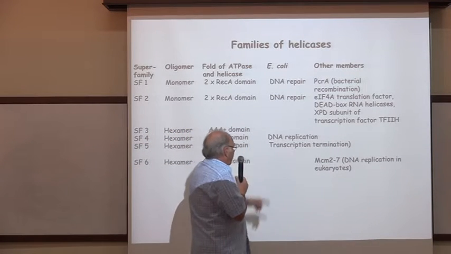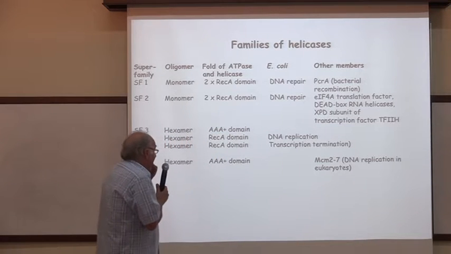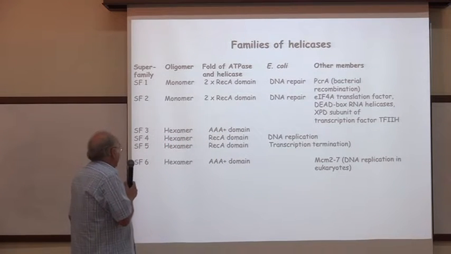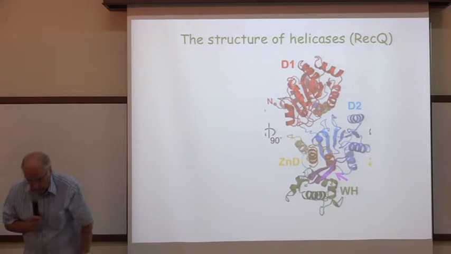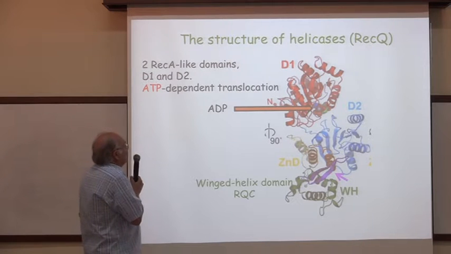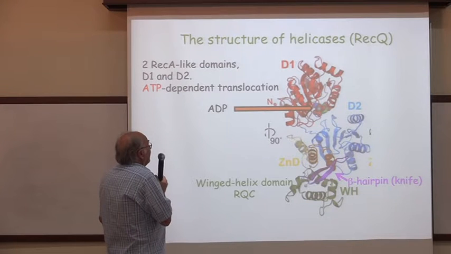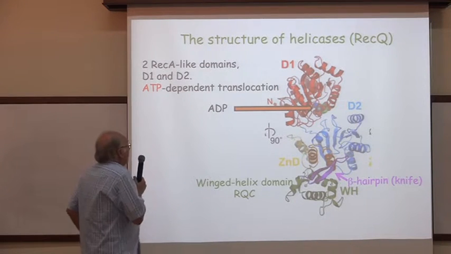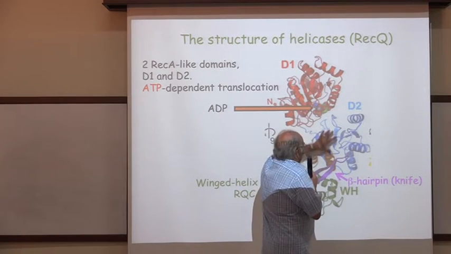And they are involved in DNA replication and transcription termination, for instance. So let's see what they look like. So here's one of the monomeric helicases called here Rec-Q, which has two Rec-A-like domains, D1 and D2.